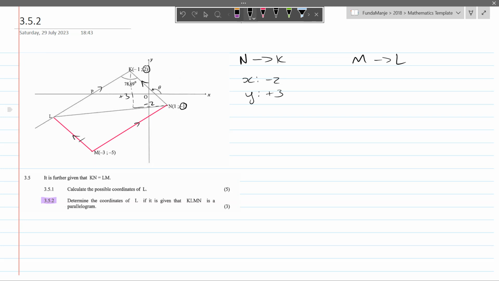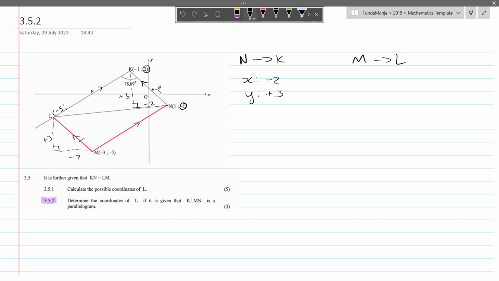We can do the same thing for M: -2 and then +3. So -3 - 2 will give us an X value of -5.